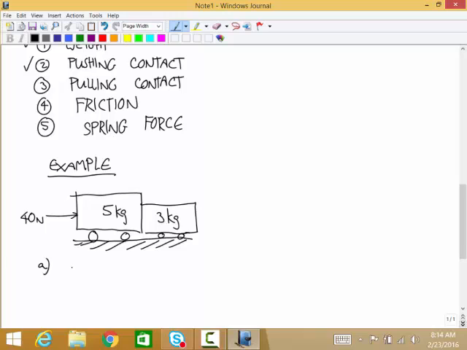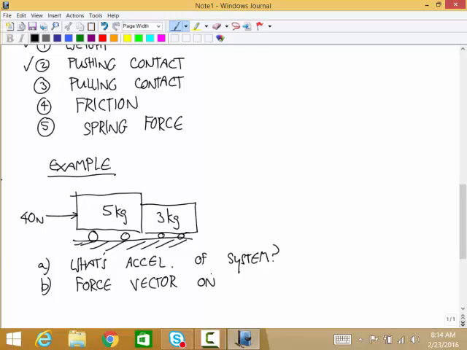And we want to know first what's the acceleration of the system. And second, what's the force vector applied on the 5 kilogram box by the 3 kilogram box.